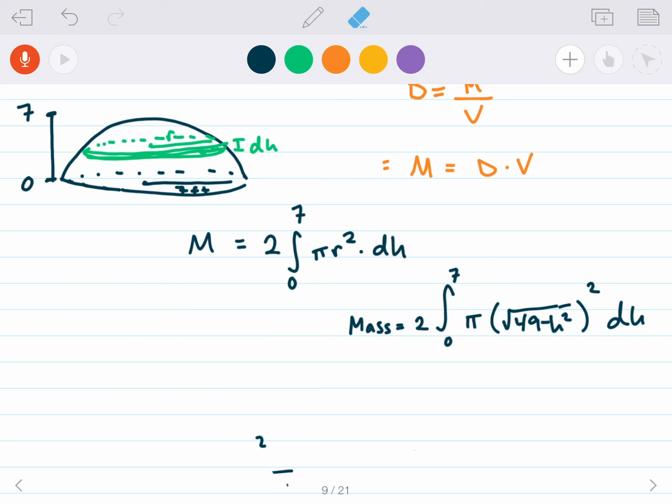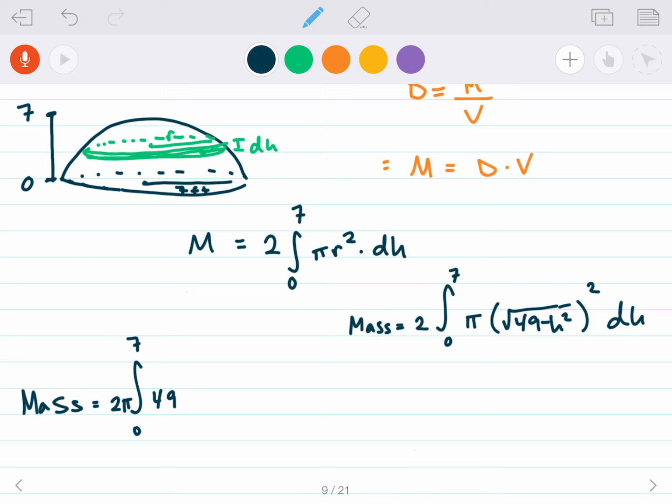The nice thing here is that the square root and the square are going to undo each other. What we're left with, I'll write it over here, is 2 from 0 to 7, and actually, I'll pull out the pi too, since that's a constant.